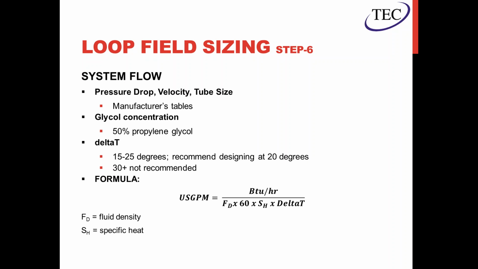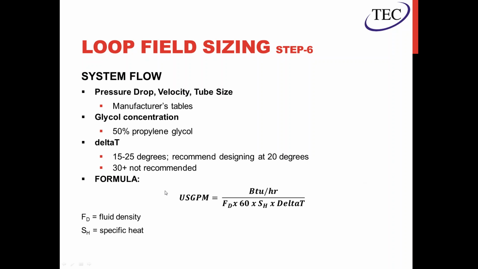However, while the system's warming up, it creates a much larger delta T. So we recommend designing at 20 degrees to give you an overall system that, even if it ends up operating closer to 20 or 25 or 30 degree delta T in the field, will still give you an acceptable delta while it's warming up, as well as slab temperatures.